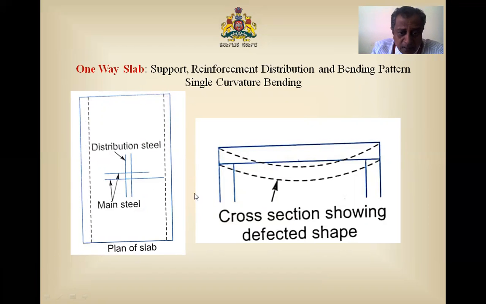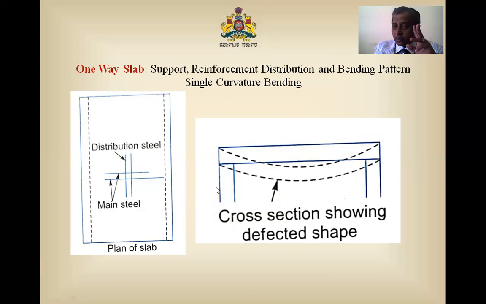If a slab rests over only two supports, and the slab tries to bend in the direction perpendicular to the support, then it is a one-way slab. Or if it is supported on all four edges, and the ratio of longer span to shorter span is 2 or more than 2, in that case we need to design that slab as a one-way slab.